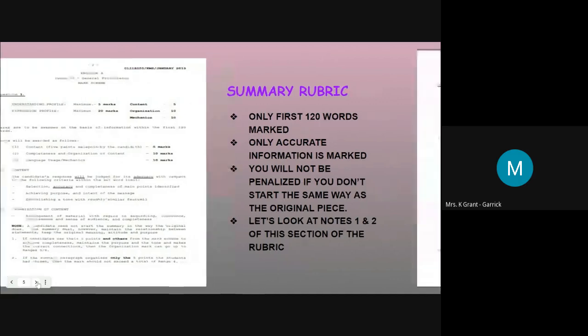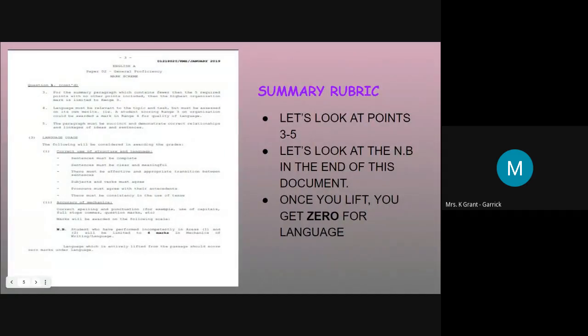Now, if you're looking at points 3, 4, and 5, you will see that the summary paragraph must contain all 5 required points. If it contains fewer than the 5 required points, you can only get a range 1. So the point, ladies and gentlemen, is to ensure that you put back all the 5 points that you have summarized in your own words.